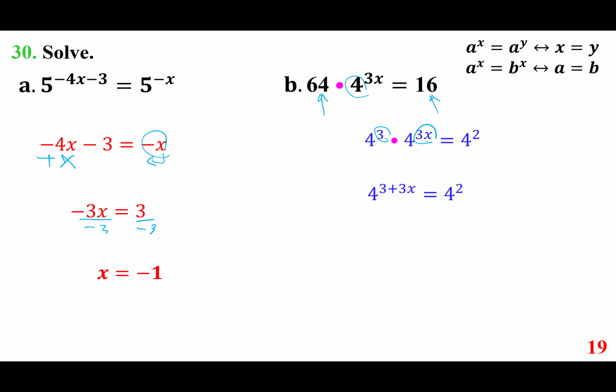So now they have the same base 4. Then they must have the same exponent as well. And if they do, subtract, and you get -1. Divide, and you get x equals -1/3.